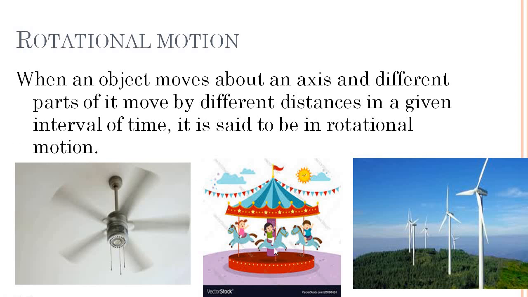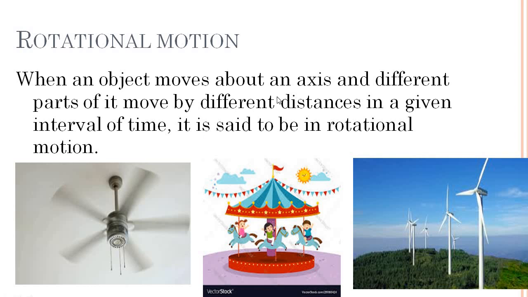Merry-go-round exhibits rotational motion. Windmill also exhibits rotational motion. How? Because these objects move about an axis. This one is the axis of the fan. This one is the axis of the merry-go-round. This one is the axis of this windmill. And these plates, these seats and these blades are moving along their axes.